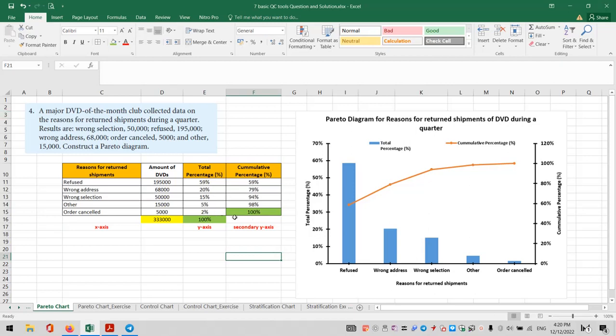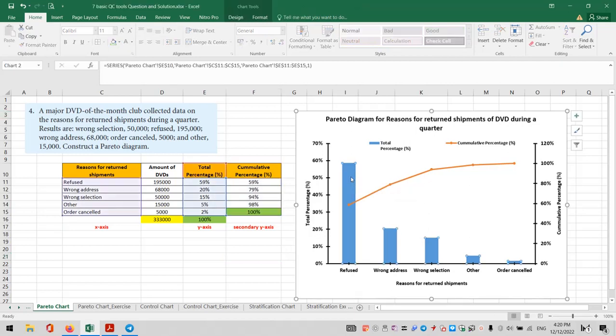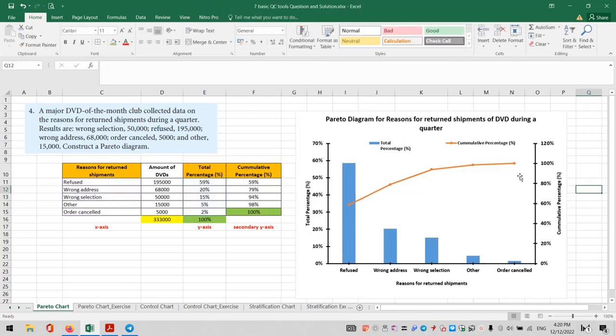Then you plot. The trend for the total percentage should be decreasing, and for the cumulative percentage, the trend should be increasing. So this is the complete Pareto diagram, the complete solution.